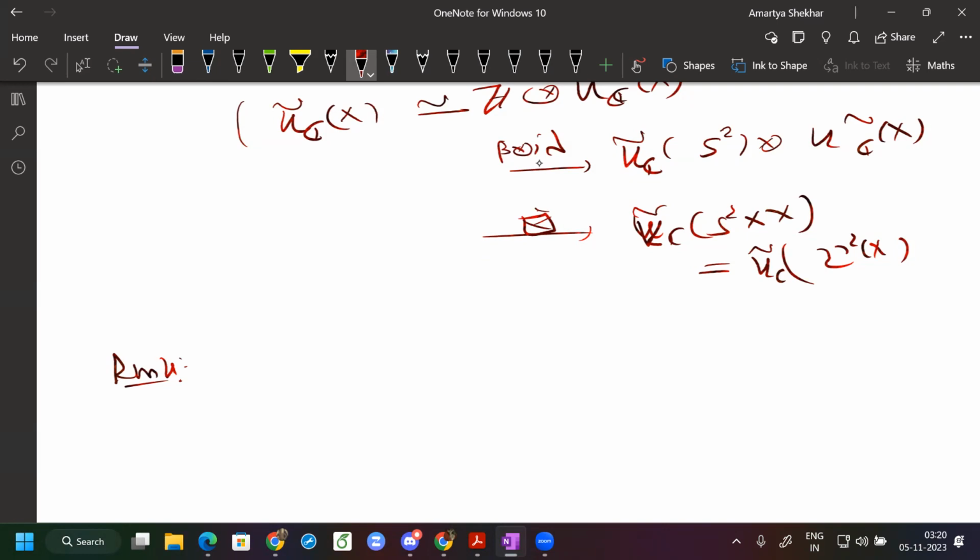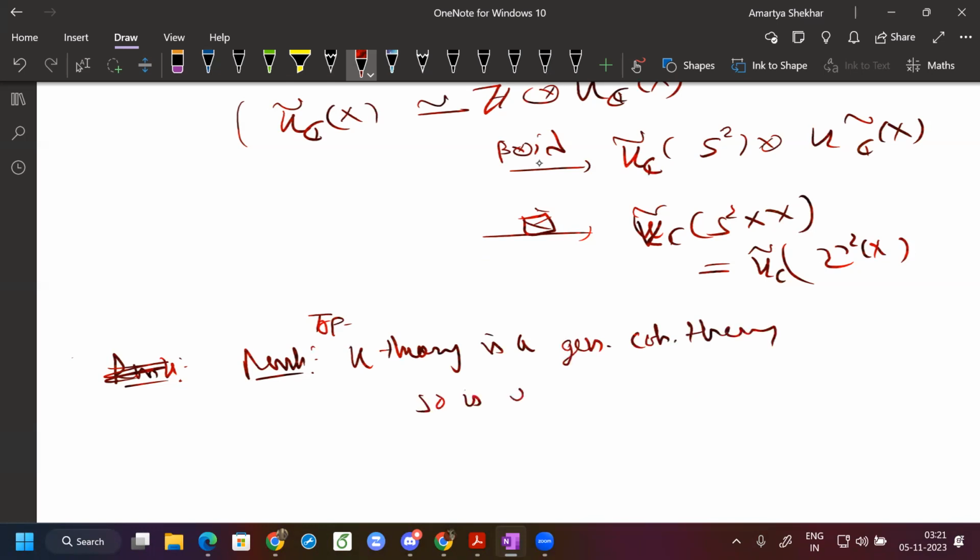Now, as promised, because I still have like 15 minutes, I'll talk about Waldhausen K-theory. So, all right, I'll just write it. Topological K-theory is a generalized cohomology theory, represented by the spectrum.